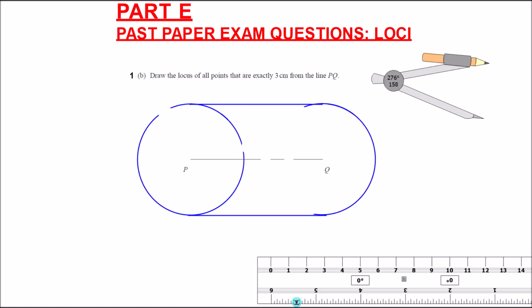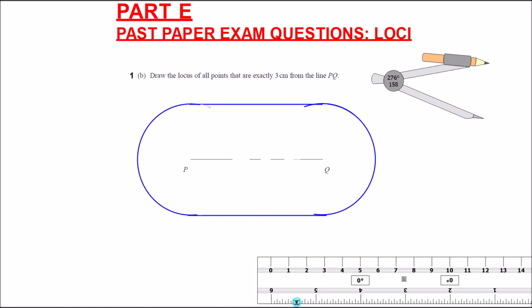Oops, couldn't do that bit. It's hard to see where I'm going. I do apologise if it's taking a bit longer. It's quite hard to see whereabouts it is. In real life it's actually much easier.